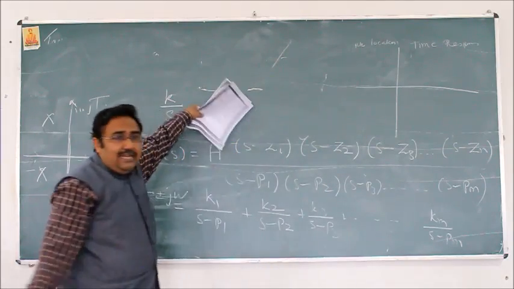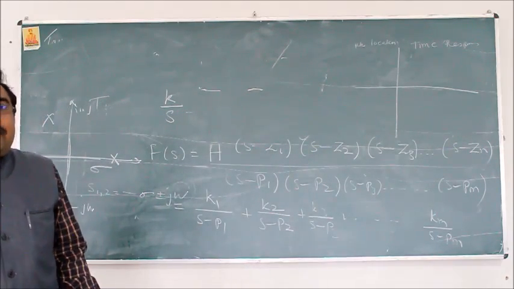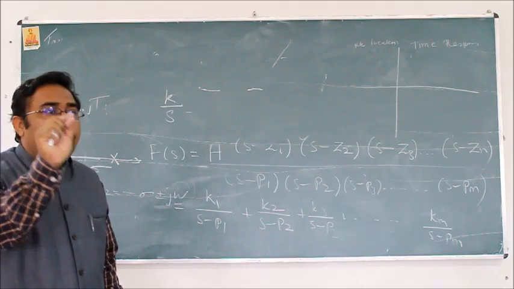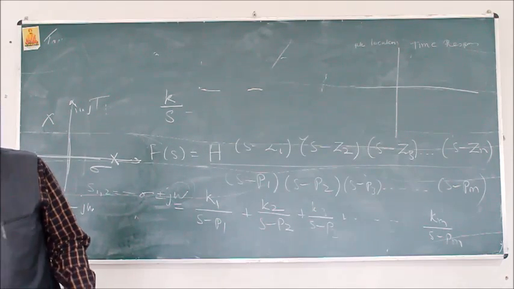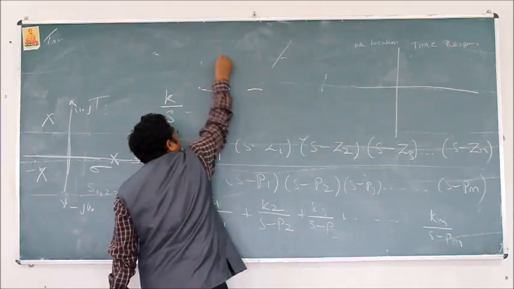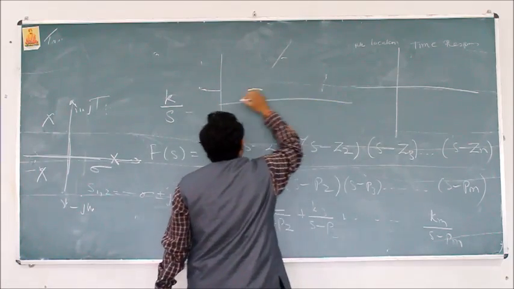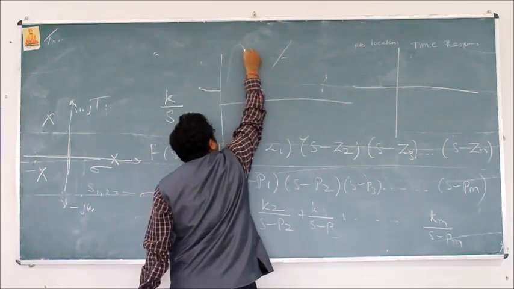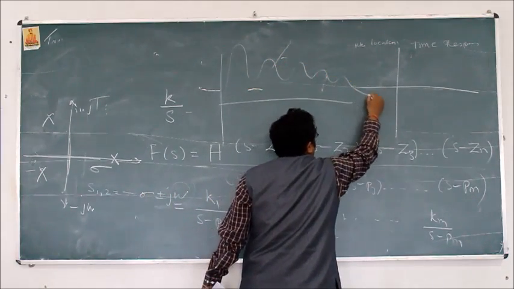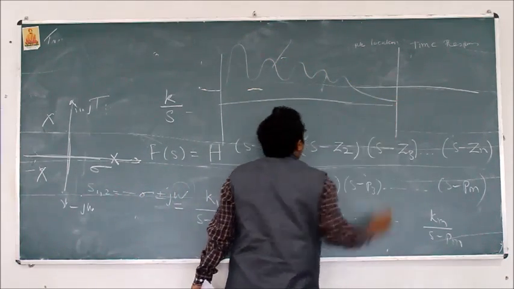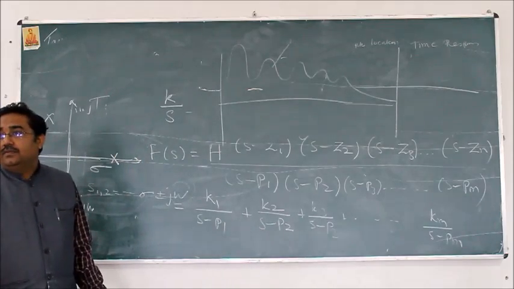Now, previously, when the poles were lying on the imaginary axis, it was an oscillation of constant amplitude and frequency. But here the oscillations are different. Here also it is oscillation, but what type will it be? Let's go to this. What are you getting?